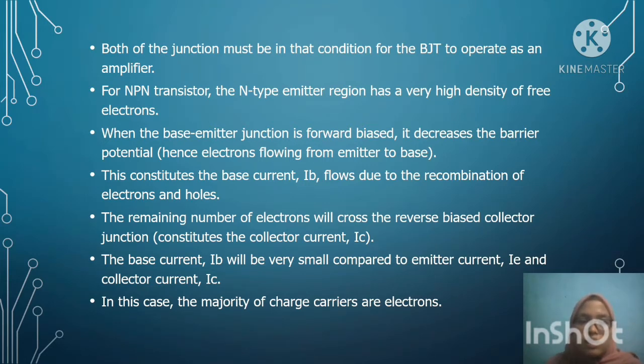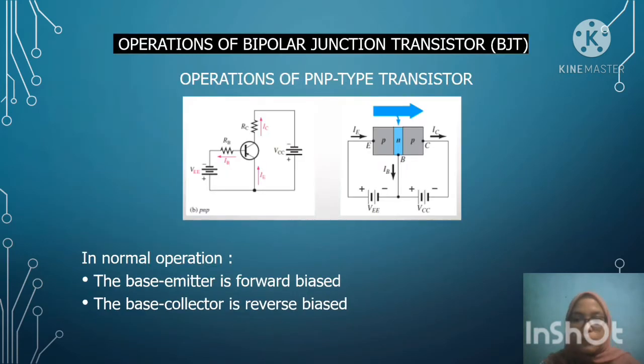These constitute the base current IB, which flows due to the recombination of electrons and holes, and the remaining electrons will cross the reverse biased collector junction, which constitutes the collector current IC. The base current IB will be very small compared to the emitter current IE and collector current IC. For this NPN type operation, the majority charge carriers are electrons.